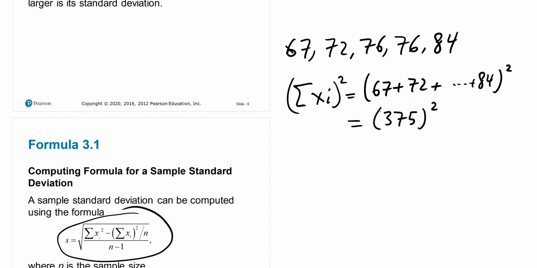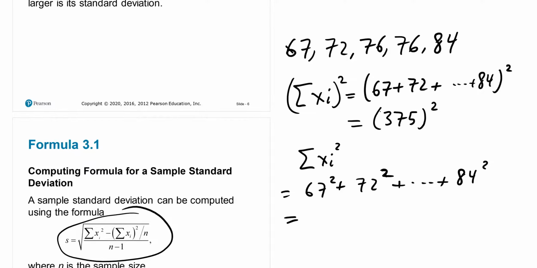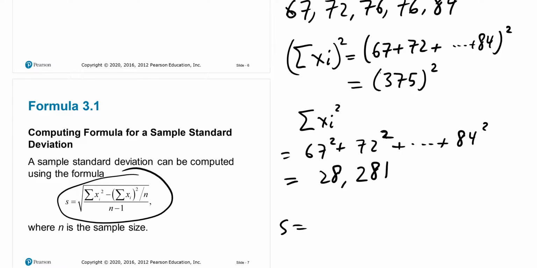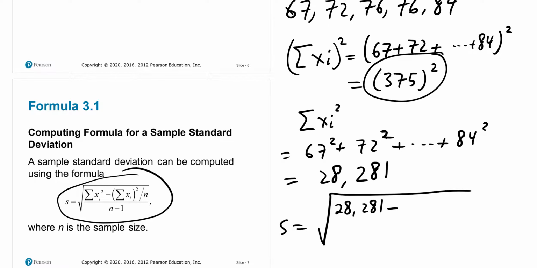For the other one, we need to take each entry and square it: 67 squared, 72 squared, and so on up to 84 squared. When we calculate this, that gives us 28,281. Then we are ready to find s. It is the square root of the first one, 28,281, minus the sum squared, 375 squared, over n, which is 5, then all over n minus 1.